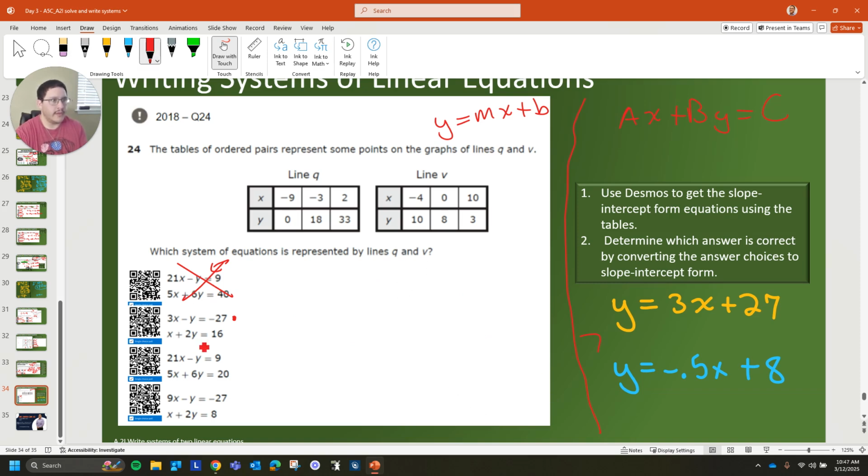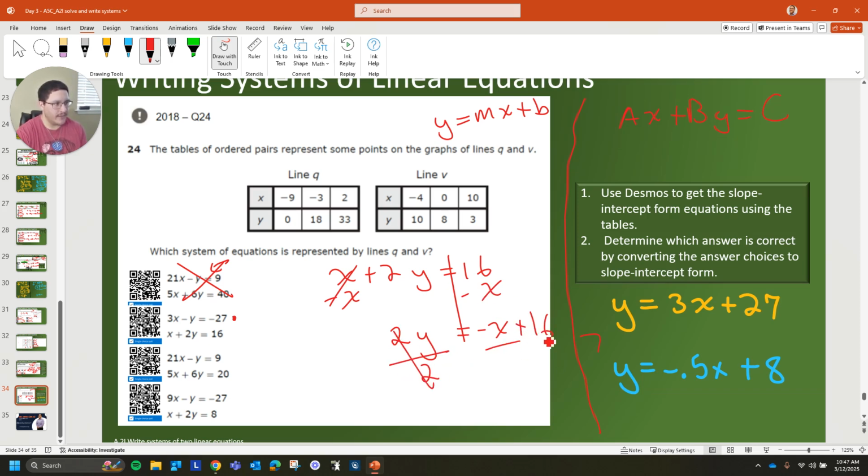Now let's look at the next one. I have x plus 2y equals 16. To get the y by itself, I'm going to subtract x on both sides. I have 2y is equal to negative x plus 16. I'm going to divide everything by 2.